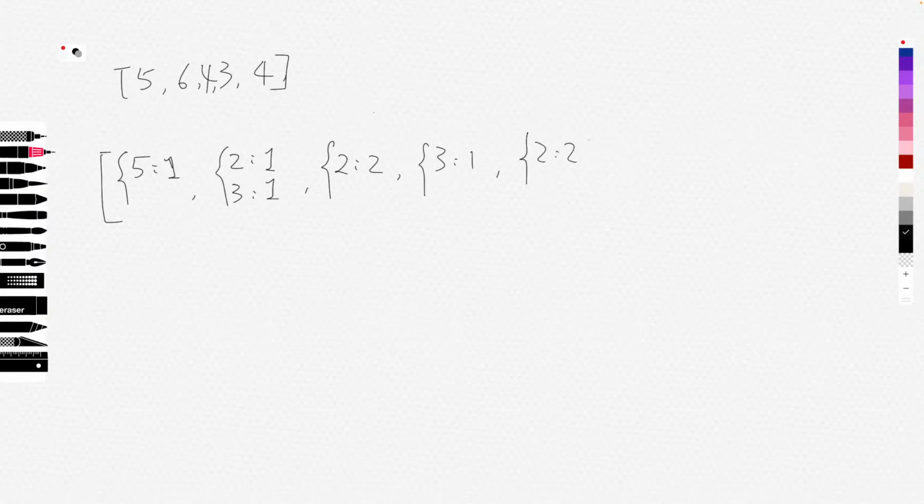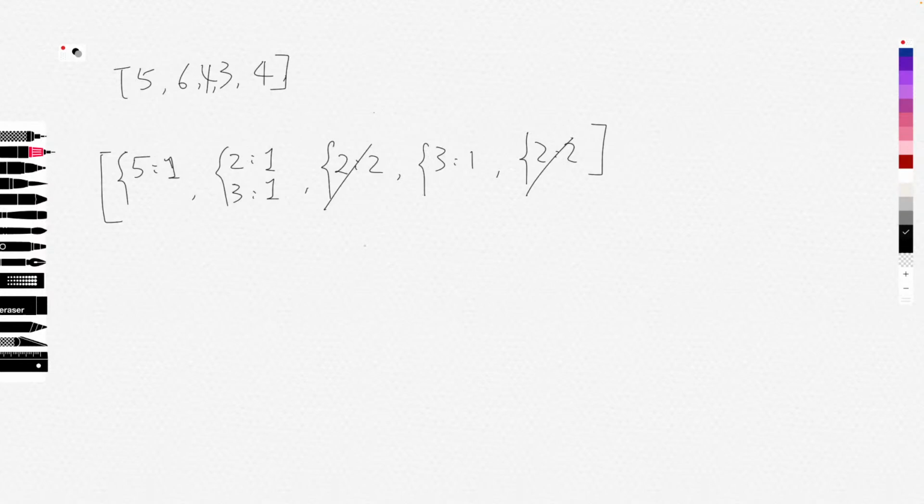We have 2 counts. So we turn the original list into this. Now, because we want to find all the subsets that do not contain any counts that have more than 1, anything like this we can remove immediately, right? So this is what we have, this one and this one.